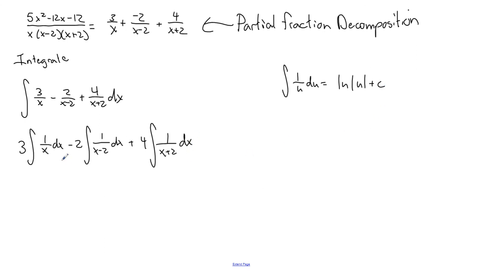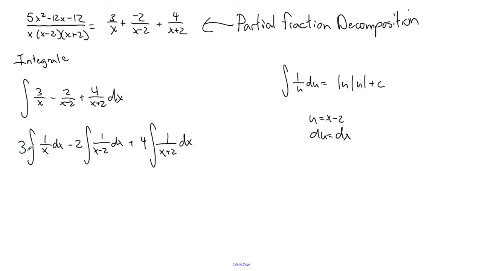And I don't have a u here, it's just x, so that will be the ln of x, but I have to consider the derivative of the x plus 2 and the x minus 2. The good news is that if I say let u equal x minus 2, then du is going to equal just dx, because the derivative of x is 1 and the derivative of a constant is 0. So I don't have to do any more with constants out front.